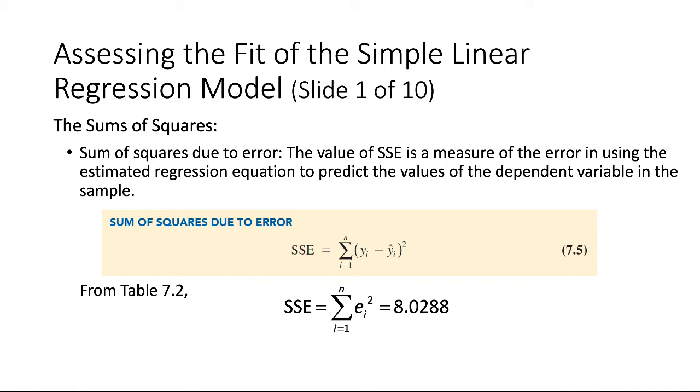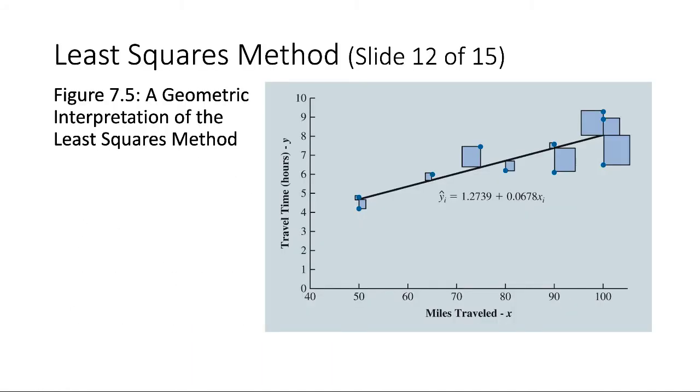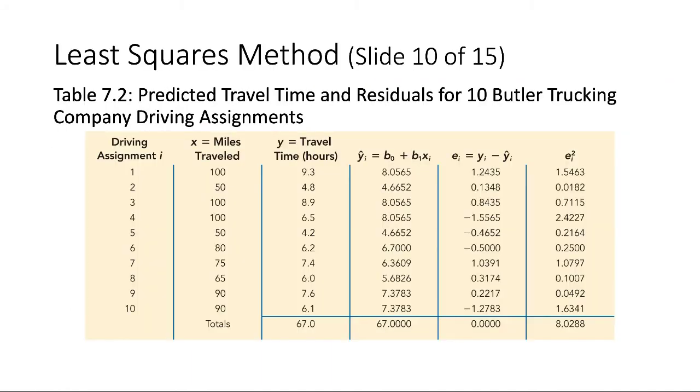So the mean of y equals 6.7. The sum of the actual driving times is 67, and divided by 10 driving assignments, that equals 6.7, which is the mean of y.